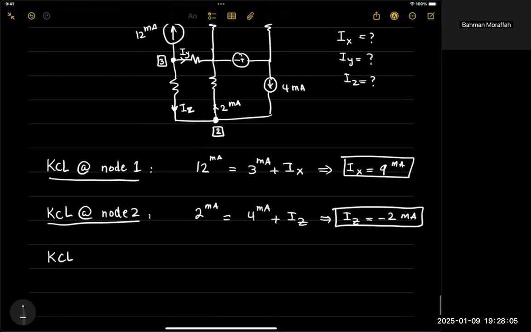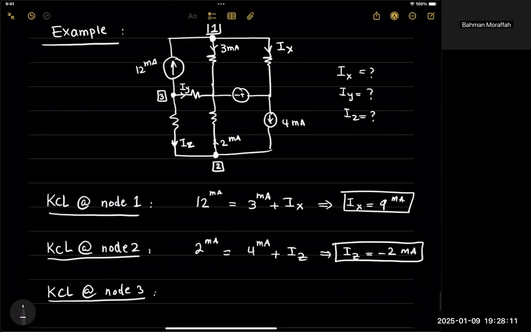How about if we wrote the KCL at node 3? Again, the current that's going in should be the same as the current that's going out. IY plus IZ plus 12, they're going out. That should be the same as the current that's going in, which is nothing, right?